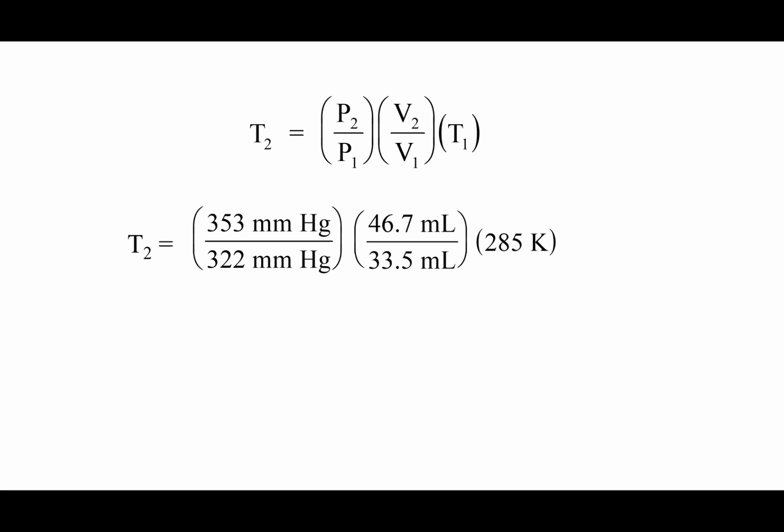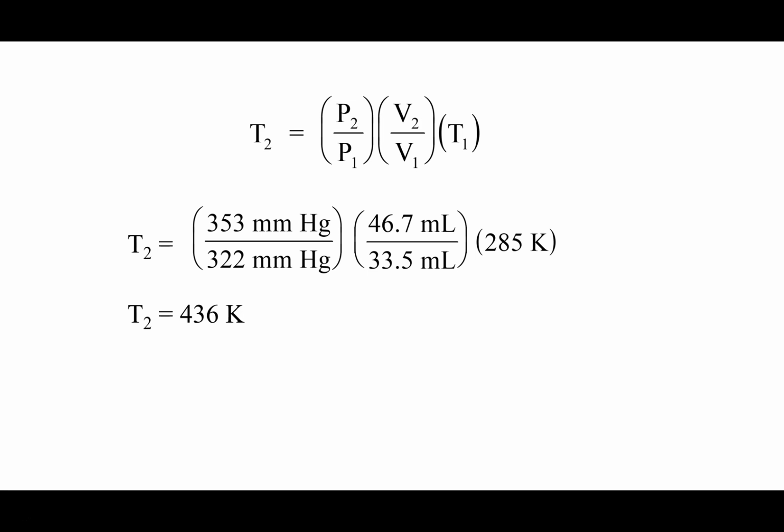Again, don't be thrown off by leaving it in Celsius. Rounded to 3 sig figs, you're looking at a T2 Kelvin temperature of 436 Kelvin. I'd have to go back to the original problem, but I think it said what would the state 2 temperature be in units of Celsius.